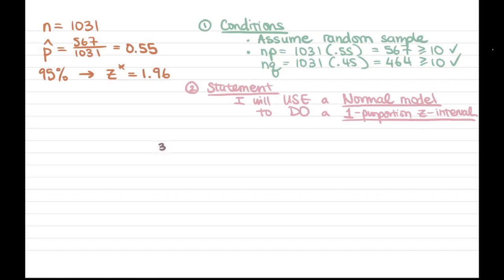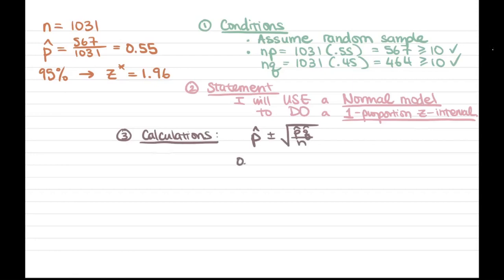All right, step 3 is our calculations. This is where we use that formula, right? So p hat plus or minus z star times the square root of p hat q hat over n. Now let's just plug in our numbers.